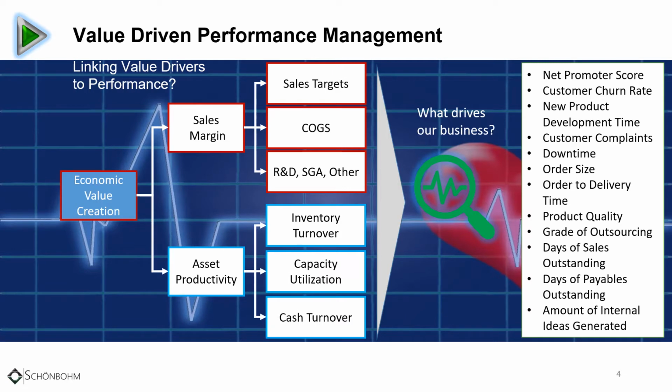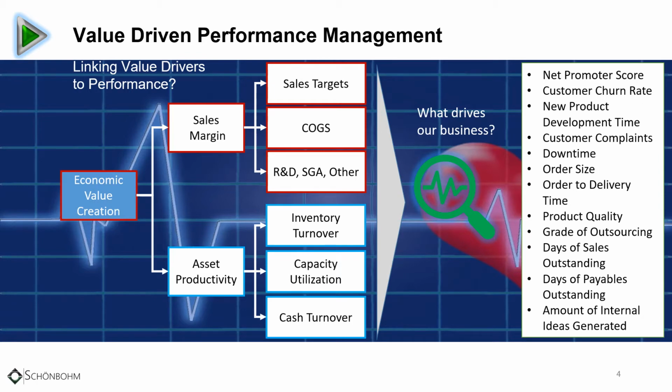The underlying question of value-driven performance management is, how do we generate economic value? And based on the idea of DuPont, we have a sales margin and we have asset productivity. Yes, so far so easy. The question is, what drives our business? If we look at the sales margin in more detail, we can set sales targets in terms of values.